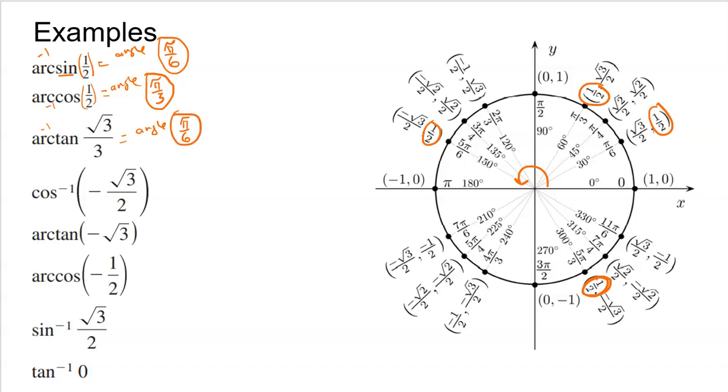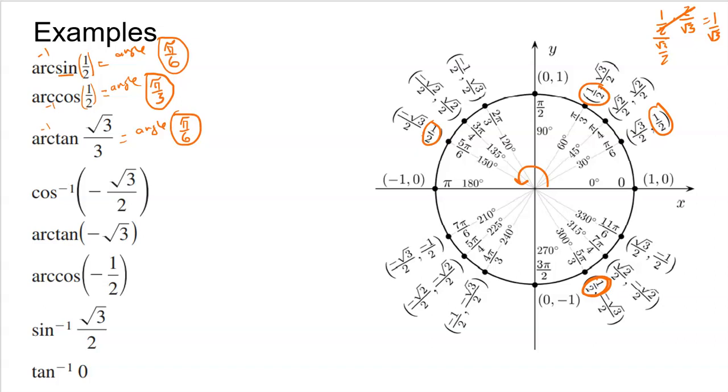But again, you can do the dirty work if you have to. At pi over 6, you take 1/2 and divide it by radical 3 over 2, y divided by x. But instead of dividing, you multiply by the reciprocal, 2 over radical 3. The 2's cancel, and we get 1 over radical 3. But we don't like radicals in denominators, so we multiply the top and bottom by radical 3, and we get radical 3 over 3. That's how I knew that's where it happened.